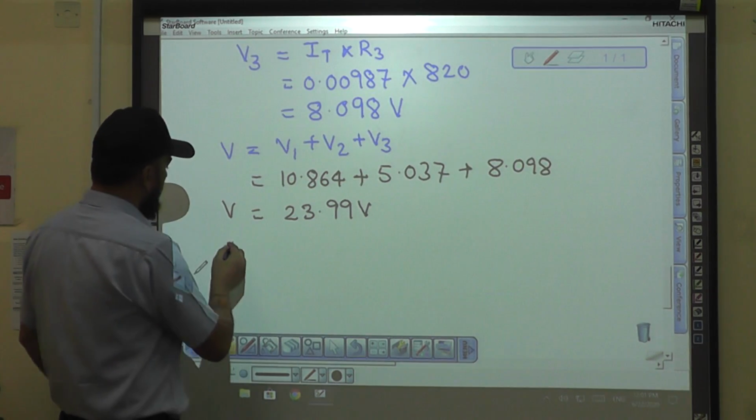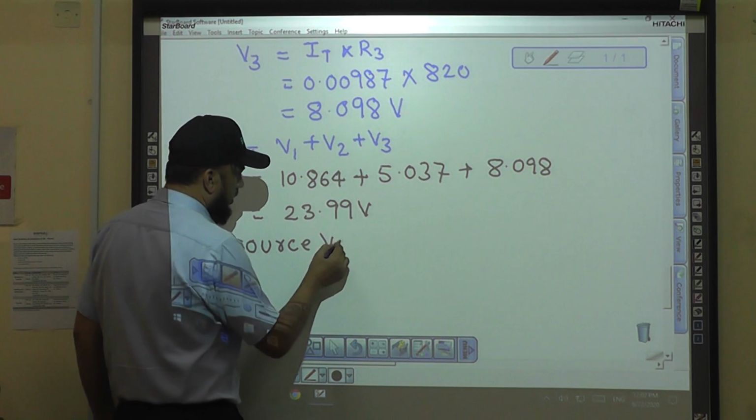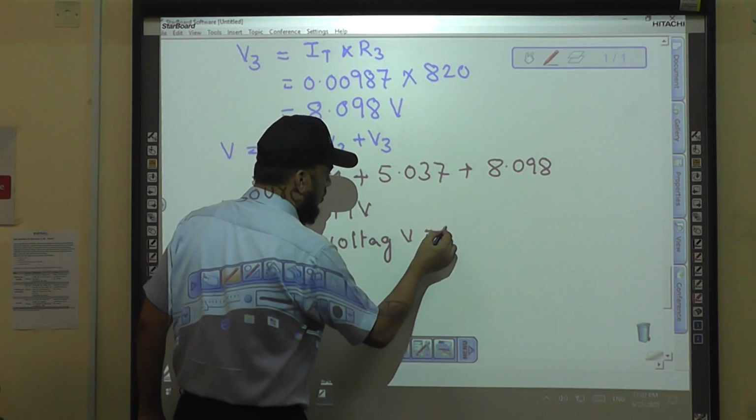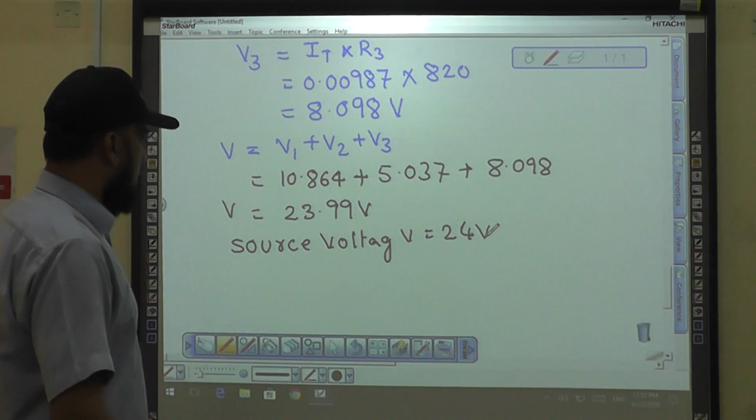So the source voltage V equals 24 volt. Hence our solution is correct.